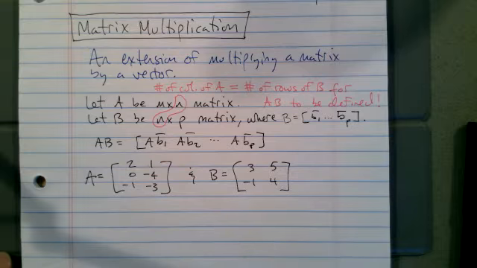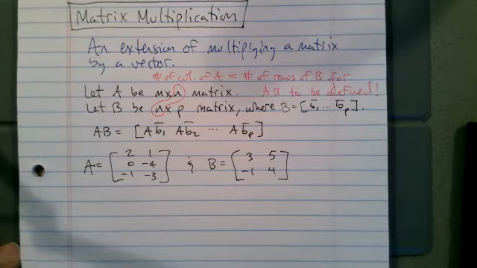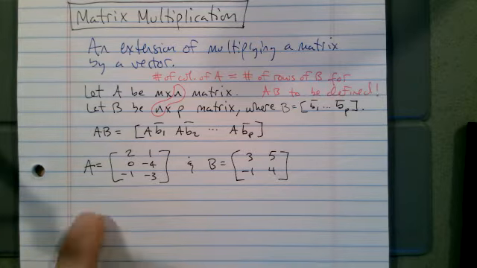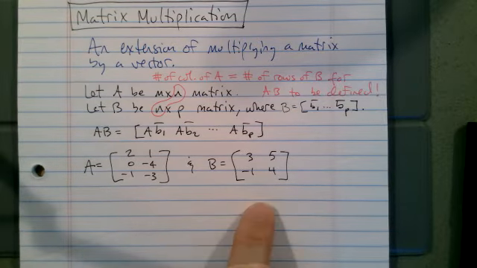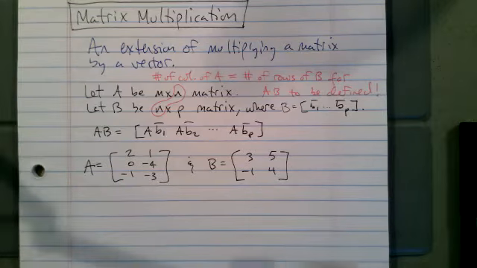So if I want to multiply the matrices, first of all, I should check if the product is going to even be defined. A is 3 by 2, B is 2 by 2, so my product is defined, and the result will be a 3 by 2 matrix.